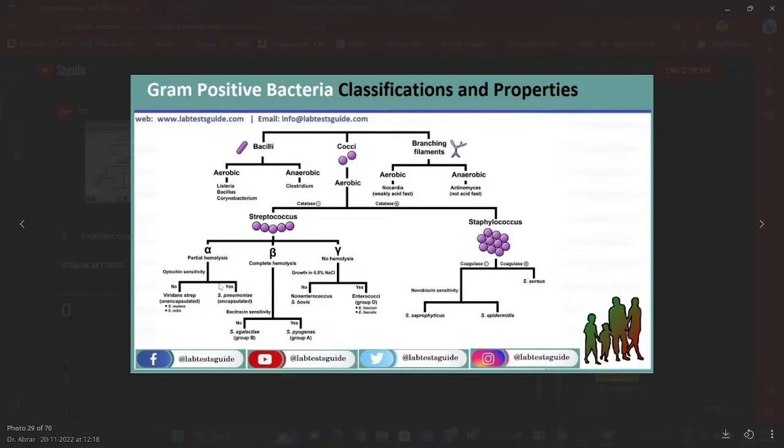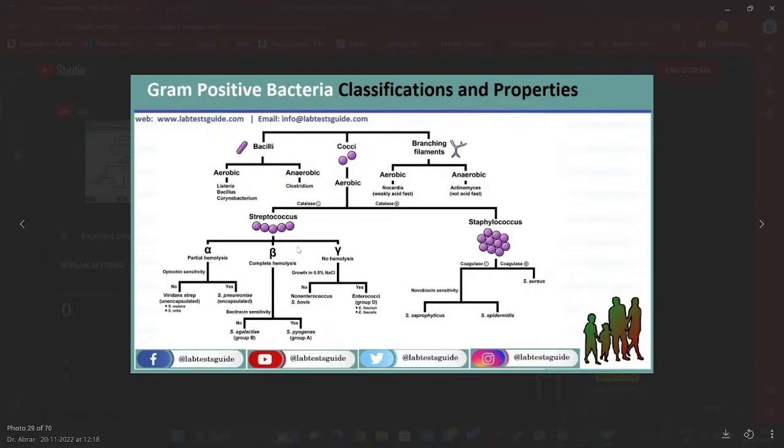This is also a very important bacteria, and it is encapsulated. If the bacteria is resistant to optochin, we call it viridans strep, Streptococcus viridans, which is also encapsulated.